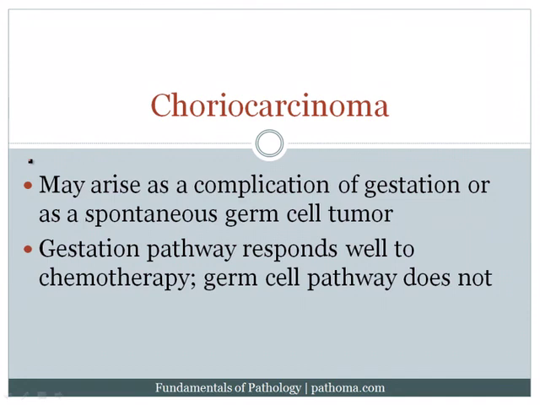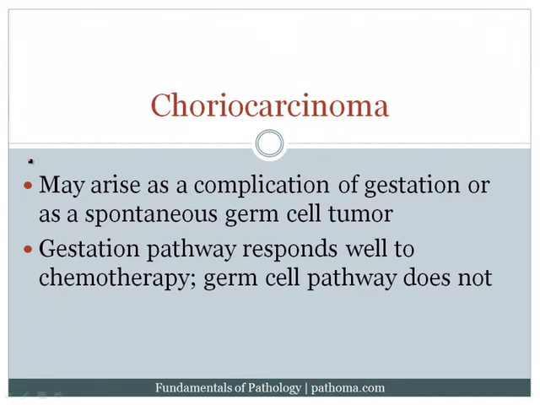Another way to get a choriocarcinoma would be as a complication of gestation. For example, about half of choriocarcinoma arises as a complication of a molar pregnancy. Sometimes choriocarcinoma can arise as a complication of a spontaneous abortion. Sometimes it can arise even after a normal pregnancy. Of course, choriocarcinoma is exceedingly rare, very, very rare, but this is still another way by which that can occur. So you actually have two separate pathways for choriocarcinoma.